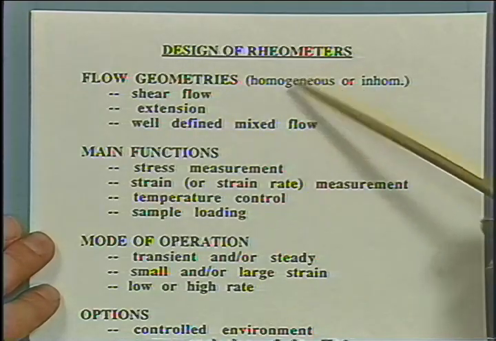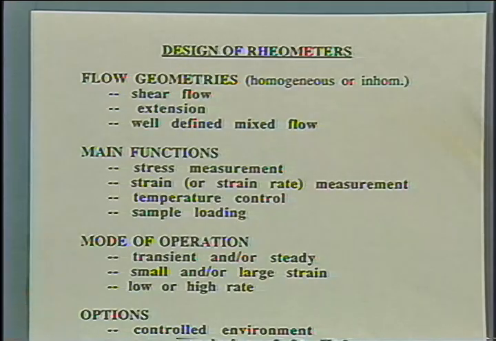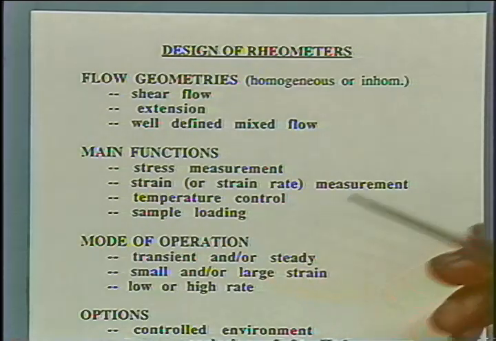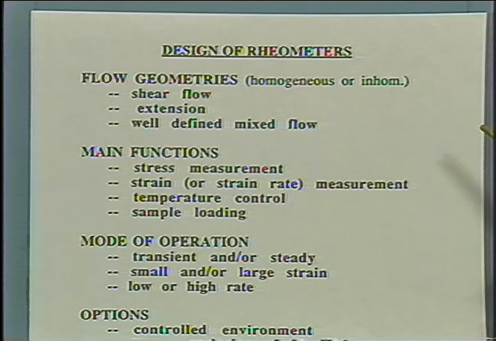There are instruments which do not produce well-defined flows or well-defined kinematics, and they're still used as a type of rheometer. Those are called indexers. For instance, the melt indexer is an instrument where a polymer is pushed through a die. It's accelerated, so the material element is stretched in the entrance of the die, and then there are all kinds of phenomena which are related to the pressure drop and the flow rate, which is measured in the melt indexer.